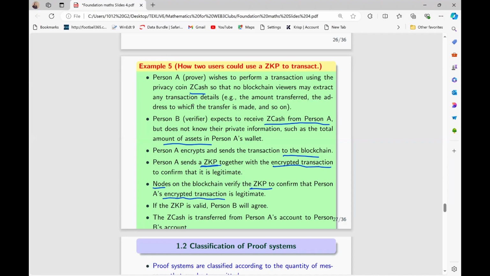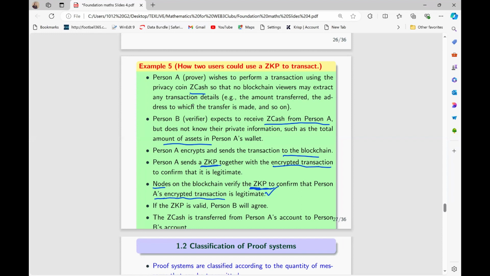So it confirms that the proof provided by A is okay. And if that is okay, then it means that the encrypted transaction by person A is therefore legitimate.